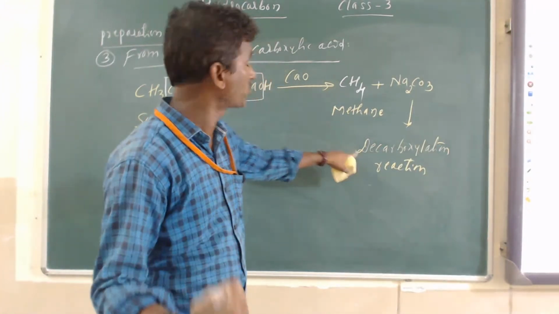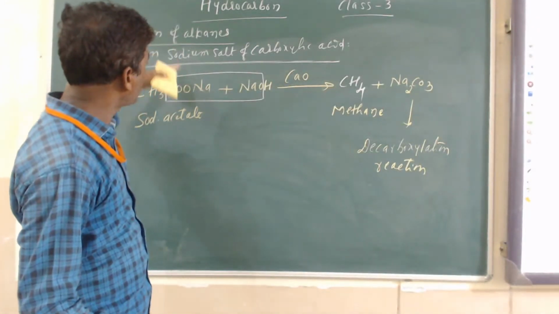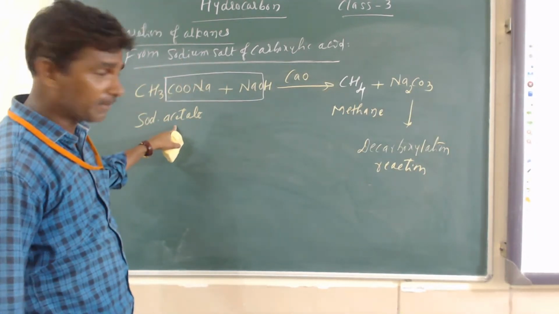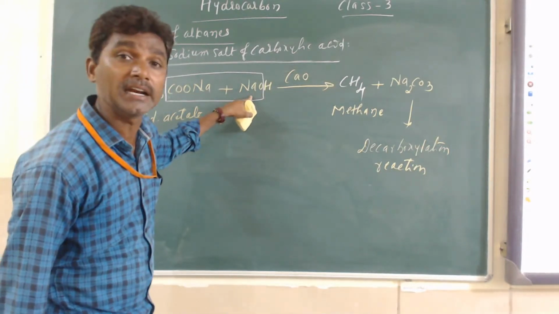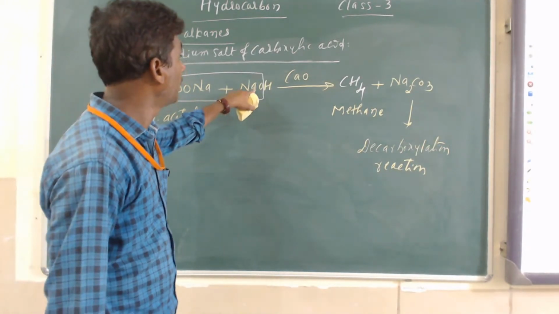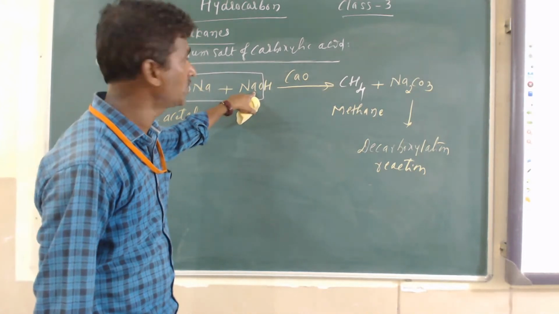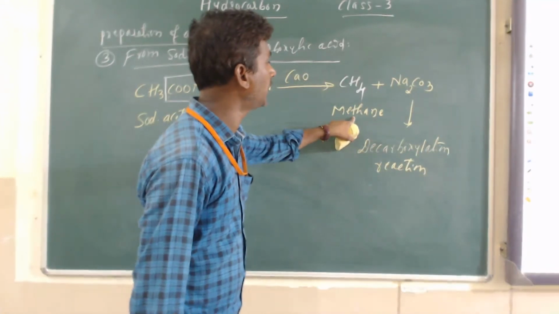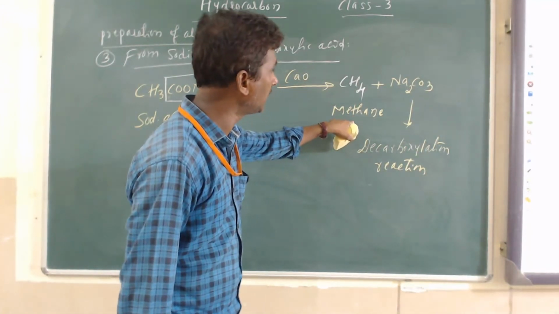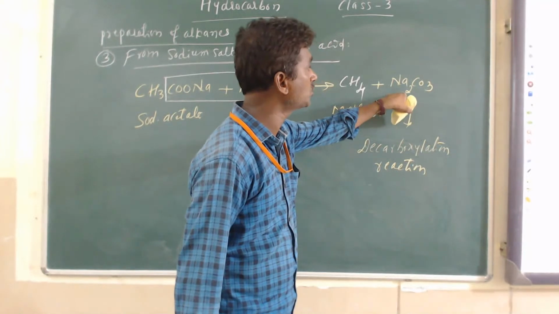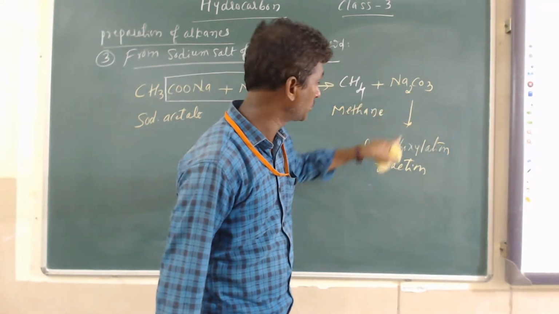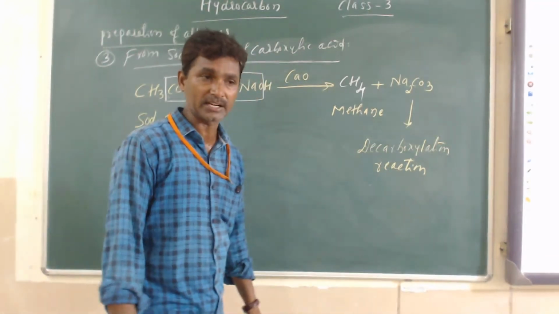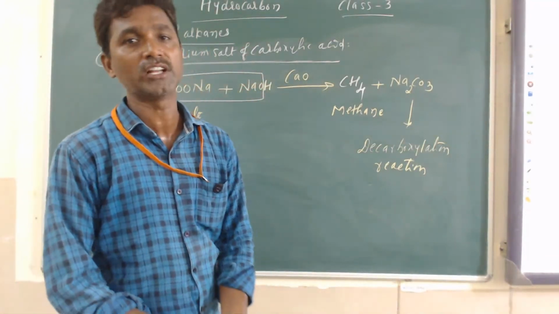A sodium salt of carboxylic acid, for example sodium acetate, is treated with soda lime, a mixture of sodium hydroxide (NaOH) and calcium oxide (CaO). It gives an alkane, the name of this alkane is methane, where CO2 is removed in the form of Na2CO3. That's why this reaction is called decarboxylation reaction.